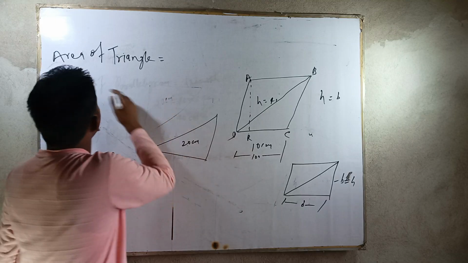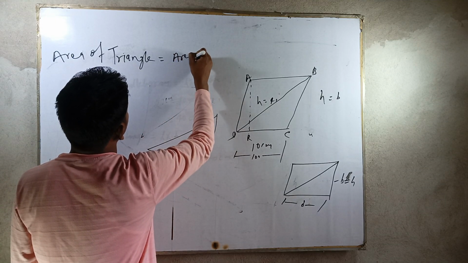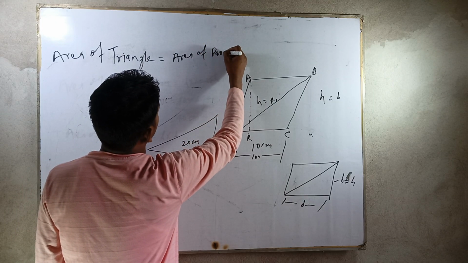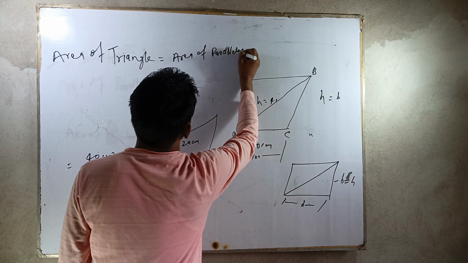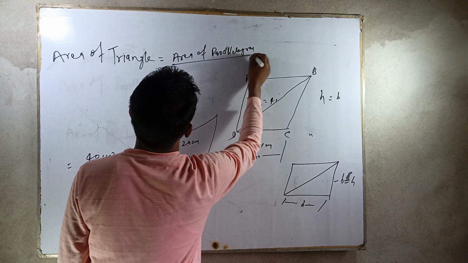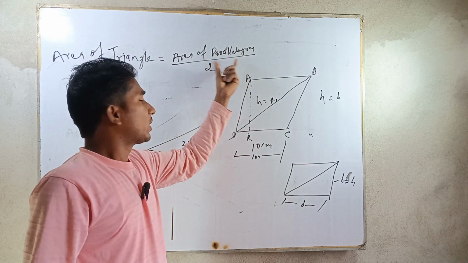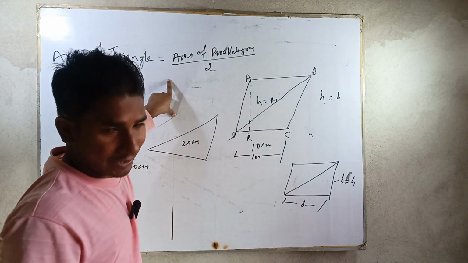That means if I divide the area of the parallelogram by 2, then we will get the area of the triangle.